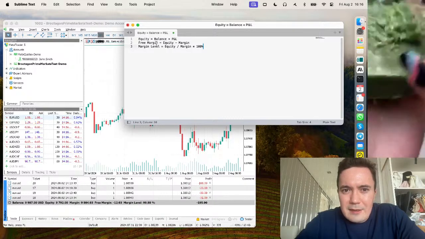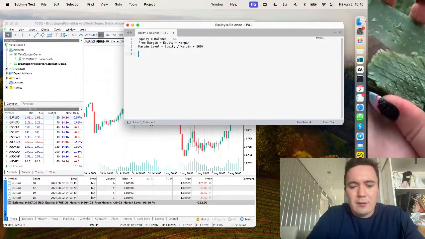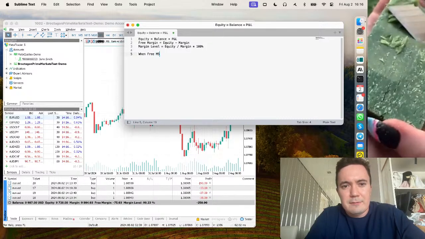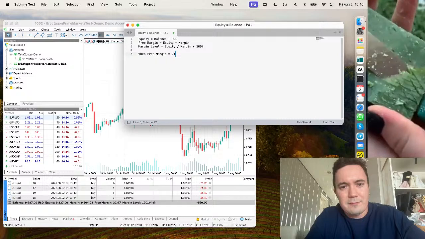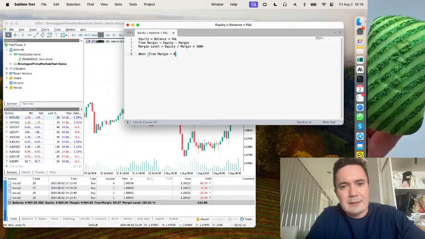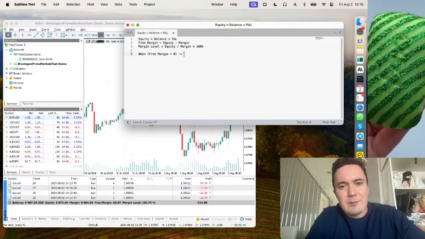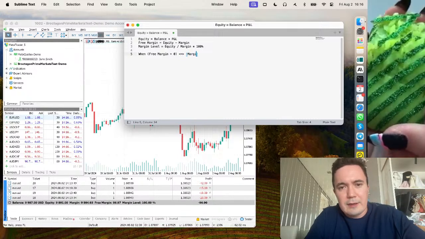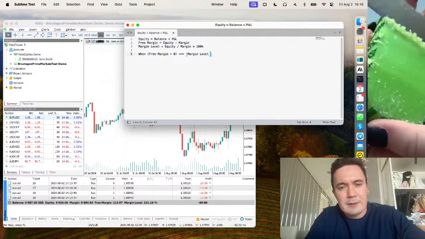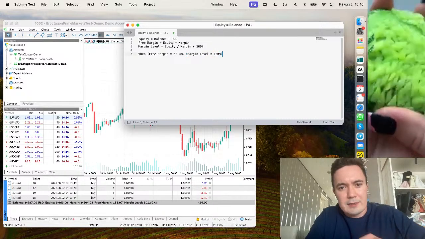So you can see that the point when free margin is 0 is actually the same point when margin level is 100%.